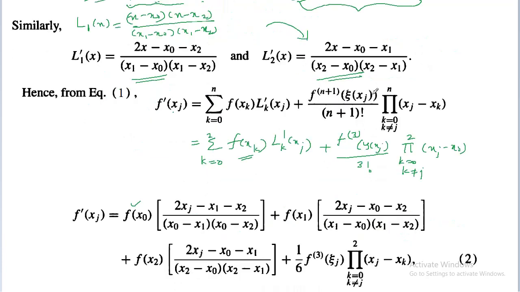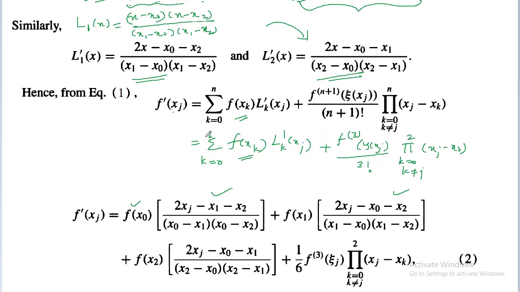Plus when k equal to 1, we have f of x1 into L1 dash of xj. When we replace x by xj here, this is 2xj minus x0 minus x2 divided by this, so this will be L1 dash of xj.